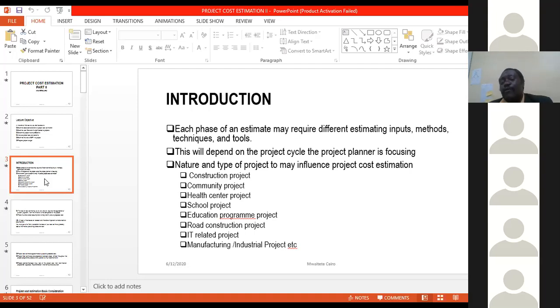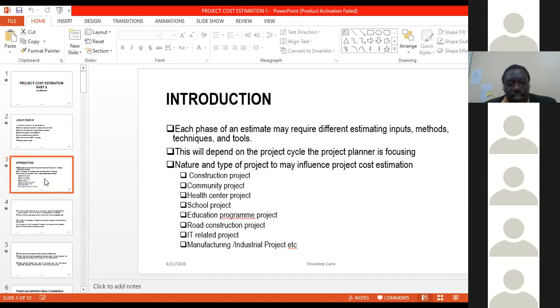If you're talking of construction projects, it's not the same as other projects, like community-based projects, or setting up a health center, or school projects, or education program projects, or road construction projects, or IT-related projects, or manufacturing or industrial projects, and so on. So all the estimations might not be the same.